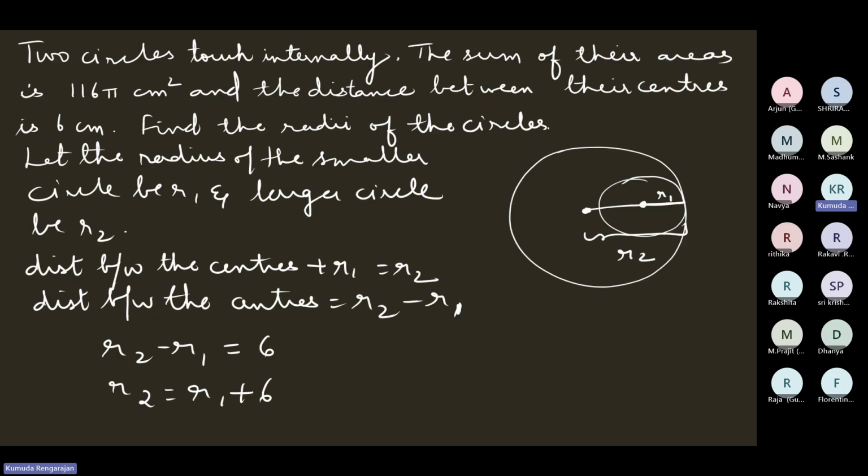But when two circles touch each other internally, the distance between their centers is the difference of their radii. The bigger radius minus the smaller radius is equal to the distance between their centers.